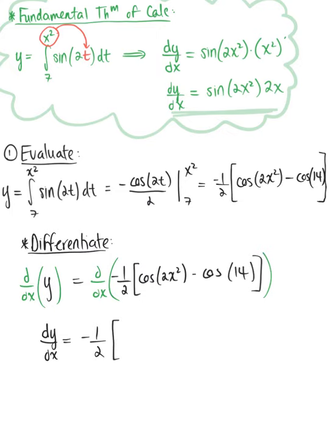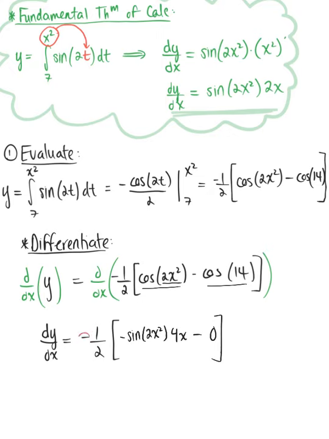Differentiating cosine of 2x squared leaves us with minus sine of 2x squared multiplied by the derivative of 2x squared, which is 4x. And then minus the derivative of cosine of 14, which is just a constant, so that goes to 0.